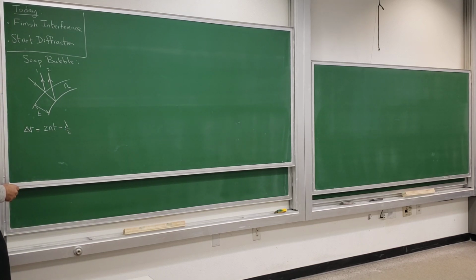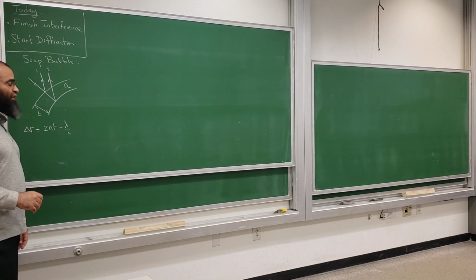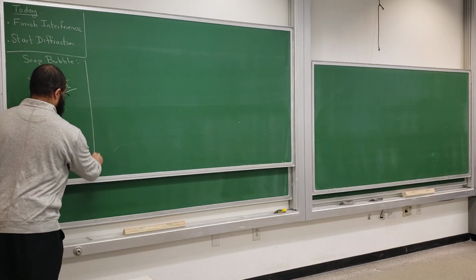So for constructive interference, we need the path difference to be what? A multiple of lambda. And for destructive, we need the path difference to be a multiple of lambda plus a half, right? So for constructive, let's write it here.